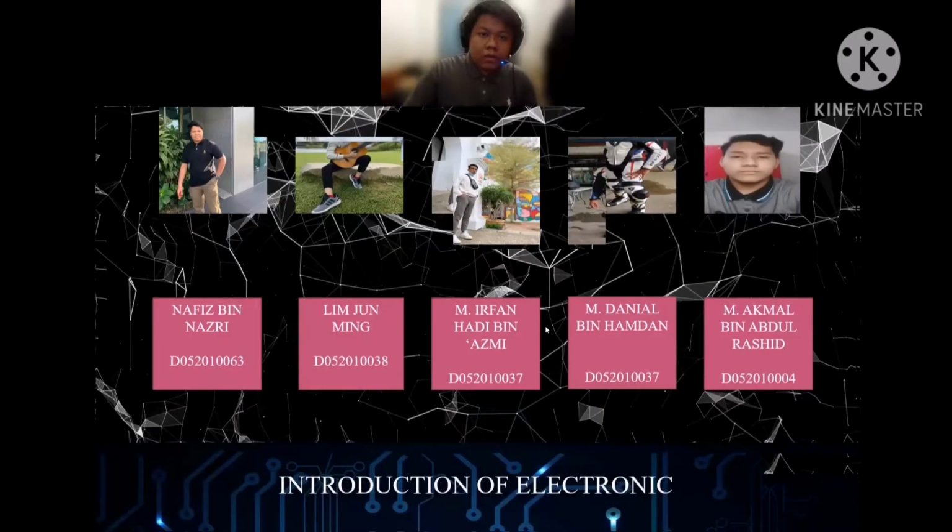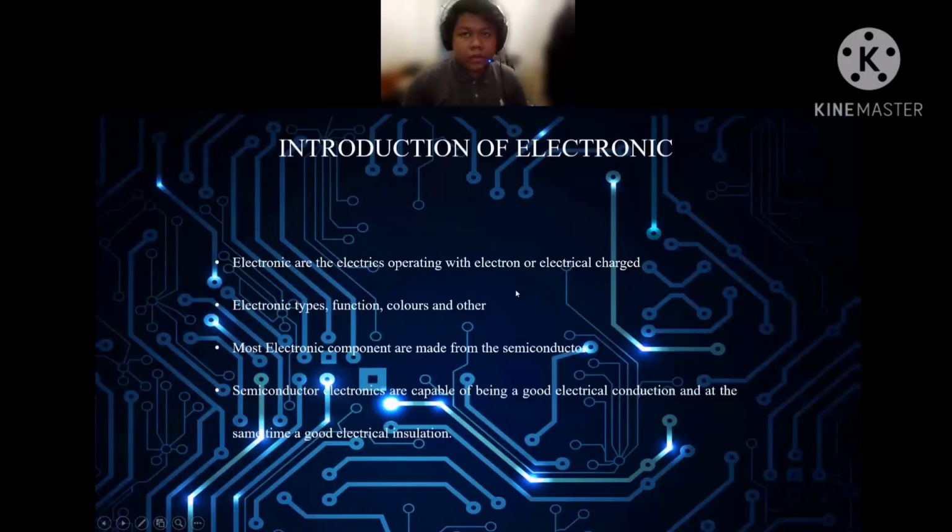Okay, now we go to the introduction of electronics. Electronics are electrics operating with the electron or the electrical charge. Electronics have many types, many functions, and many colors. Electronics are also those followed by electricity that are often used by society throughout Malaysia.